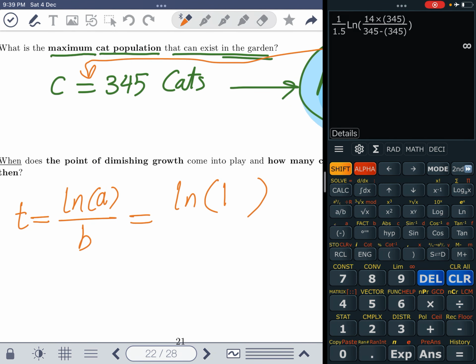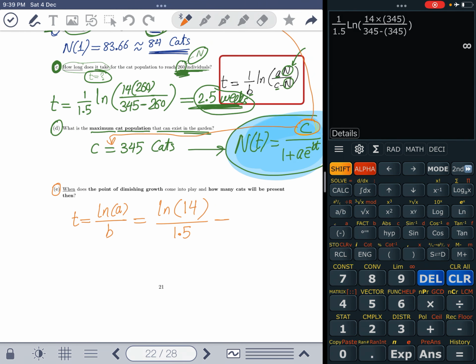So ln 14 over 1.5 will give me the time at which I have the diminishing growth. So ln 14 over 1.5 equals, as a decimal, approximately t at 1.76 weeks.